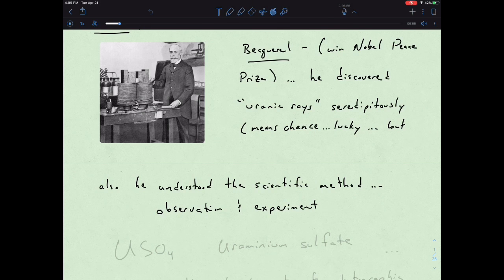So Becquerel noticed when he was working with some uranic rays, he was working with basically uranium sulfate.